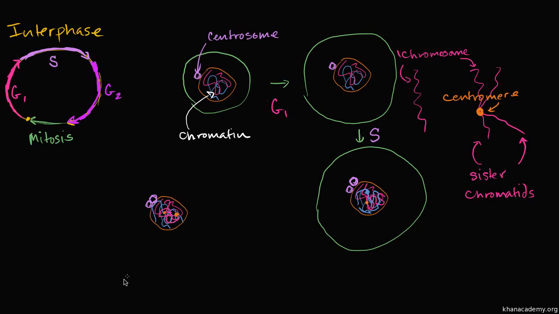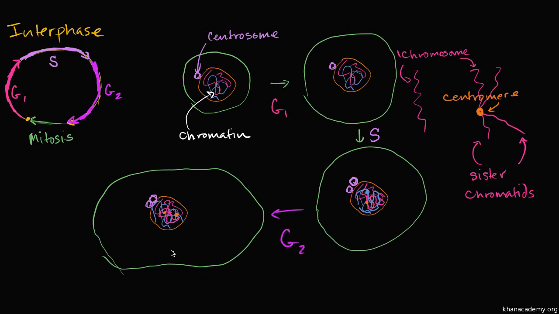And now the cell has grown even more. And once again, going from this to this, we call that the G2 phase. And at this point, at the end of the G2 phase, this is now when we are ready. This is now, let me do this in a different color, when we are ready for mitosis.